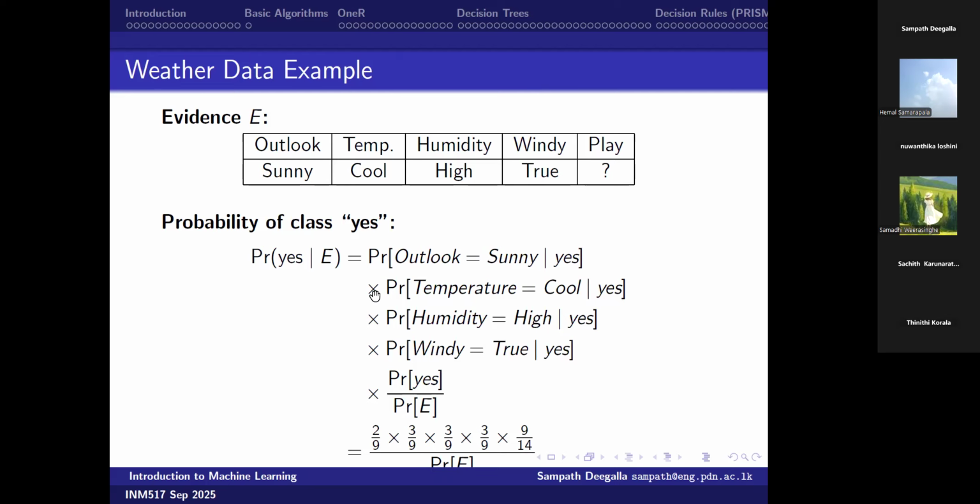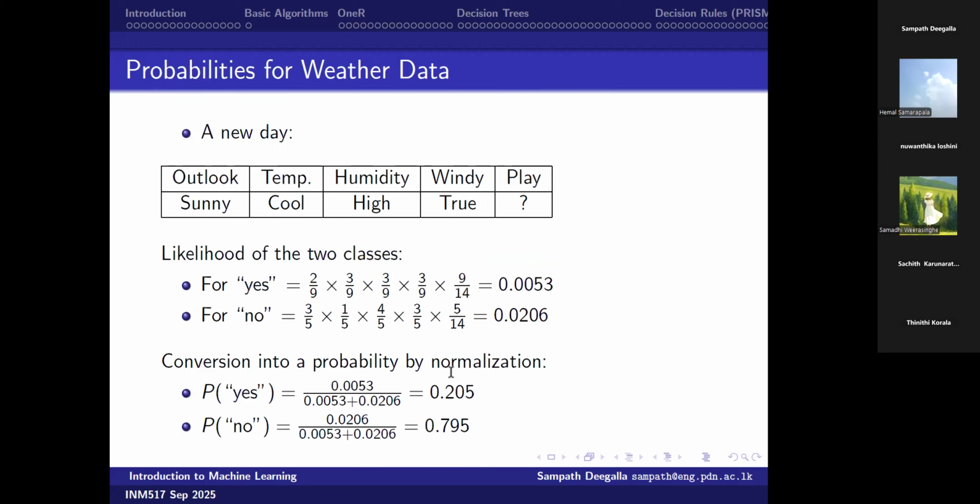Similarly, we do the same for class no, and when you normalize, the probability of the evidence will be cancelled out. That's what we observed in the previous calculations as well. We don't know the probability of the evidence, but it doesn't matter. When you normalize, that part cancels out.